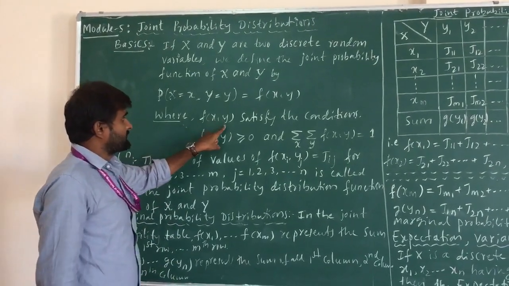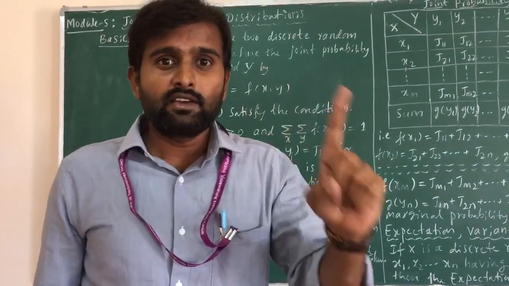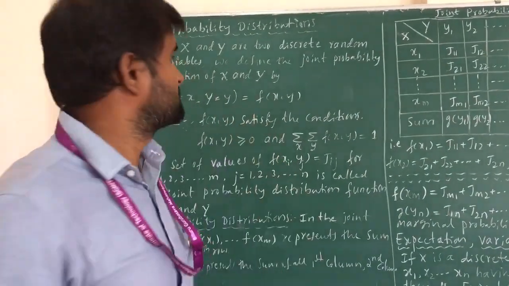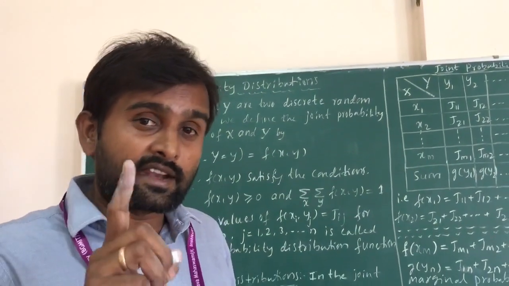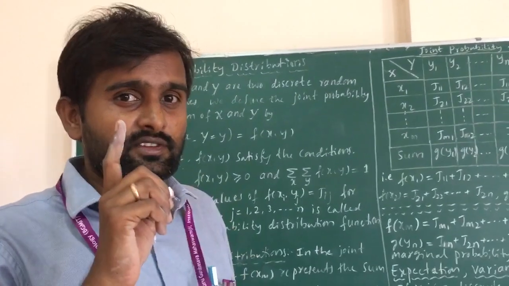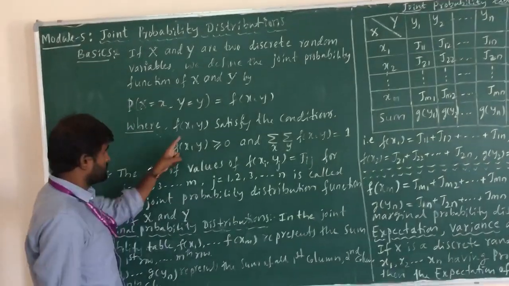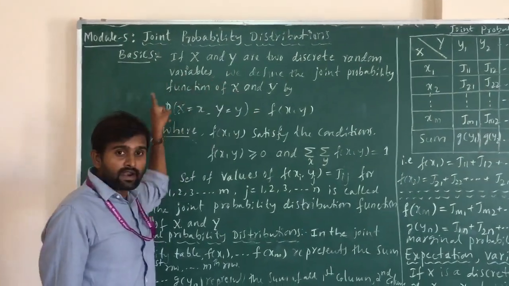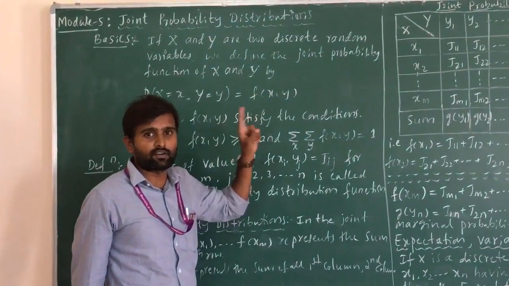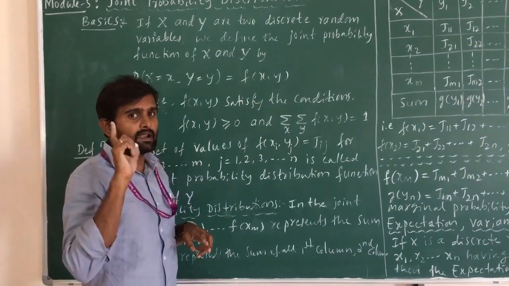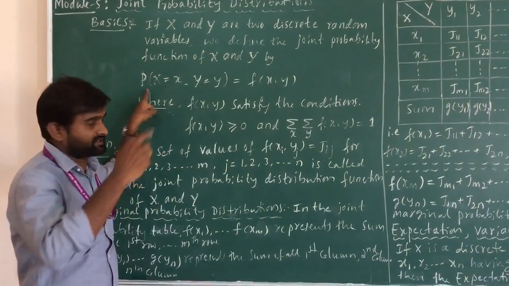where f of x comma y satisfies the conditions. In the third model also we have conditions: probability of x is greater than or equal to 0, right? And another condition is summation of p of x is equal to 1, right? Same conditions here also. The probability of two random variables x and y, I am writing as f of x comma y; if you have only one random variable, we write only p of x or f of x.